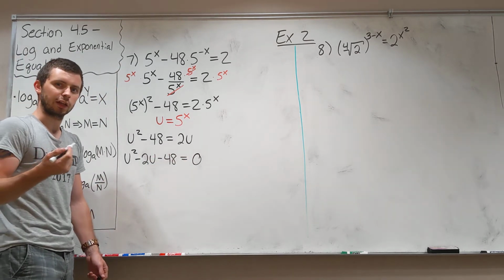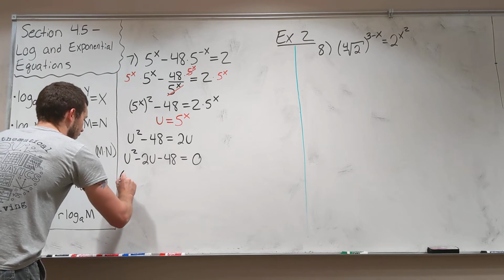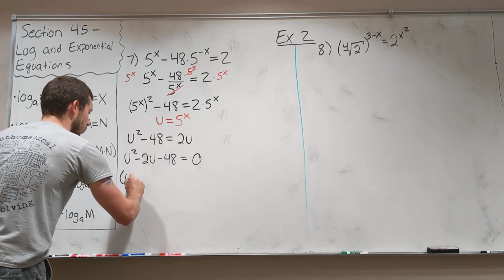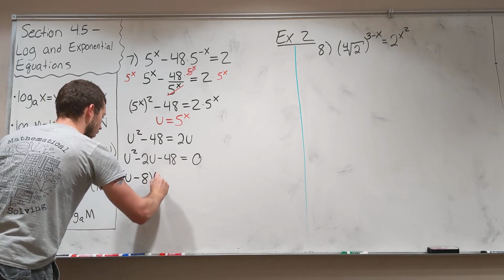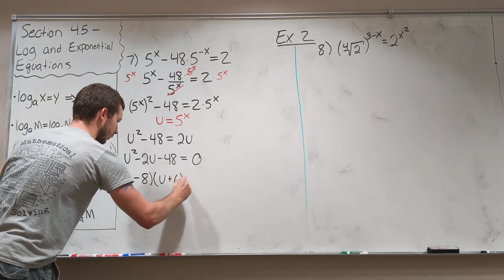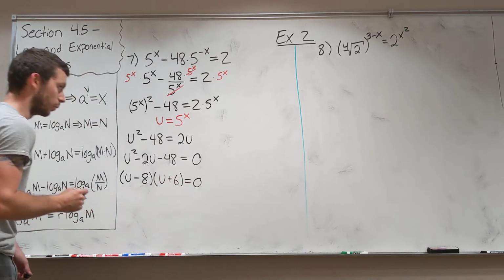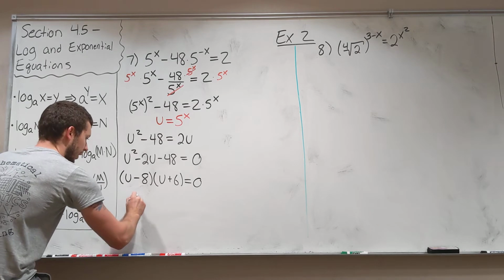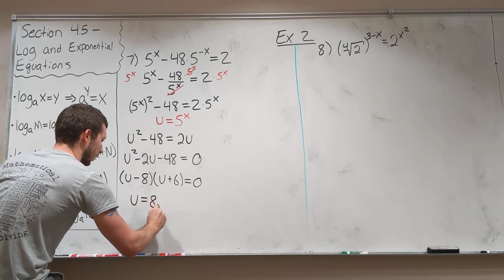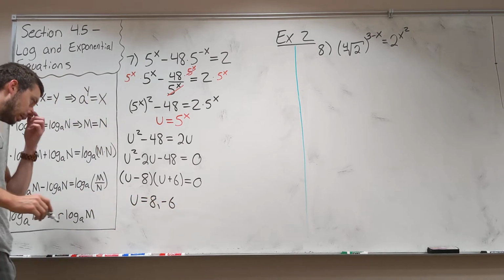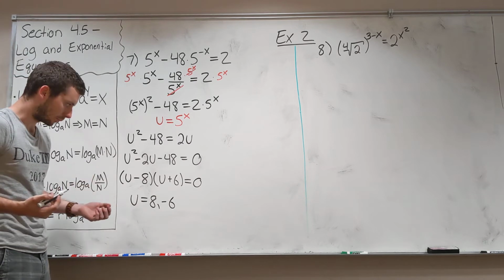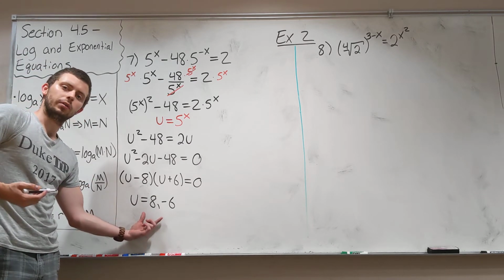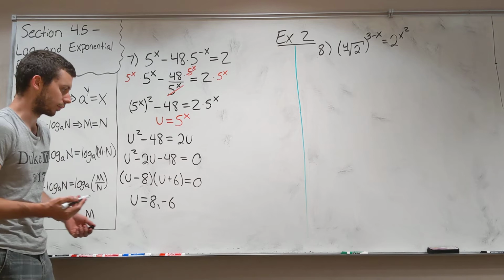And let's go ahead and factor. So this should be u minus 8 and u plus 6, which gives us 8 and negative 6 as our u's. But just like the previous two problems, this isn't good enough. We need to solve for x's.